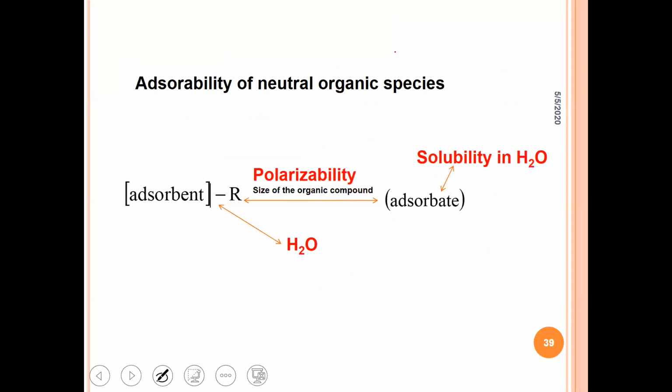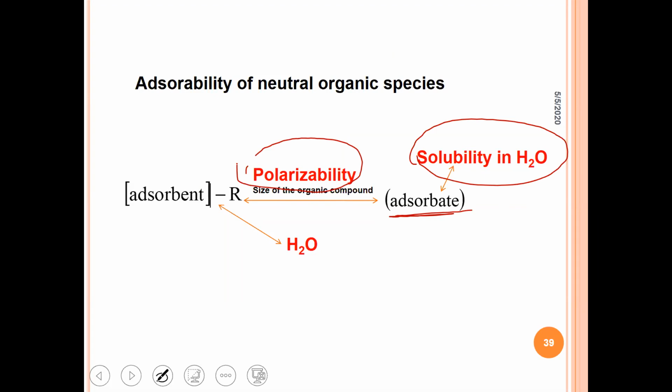So if the adsorbate is a neutral organic species, we have to see the solubility in water. If solubility is less, then adsorption will be more. We have to see the polarizability of the compound, which depends on the size of the organic compound.